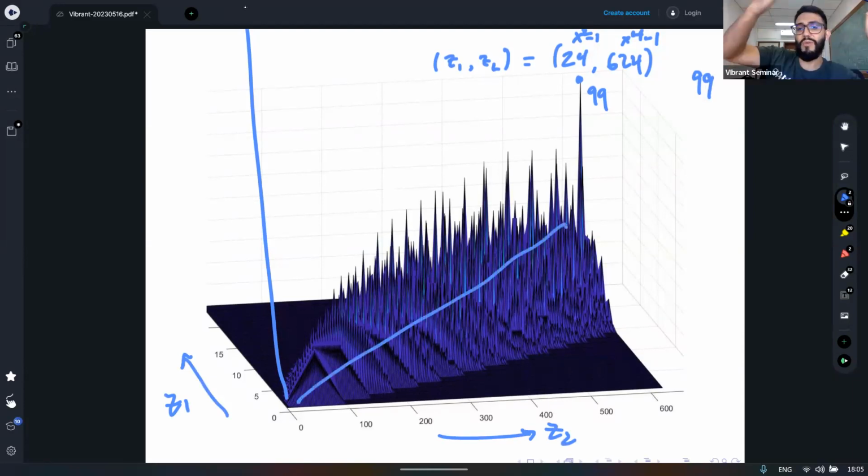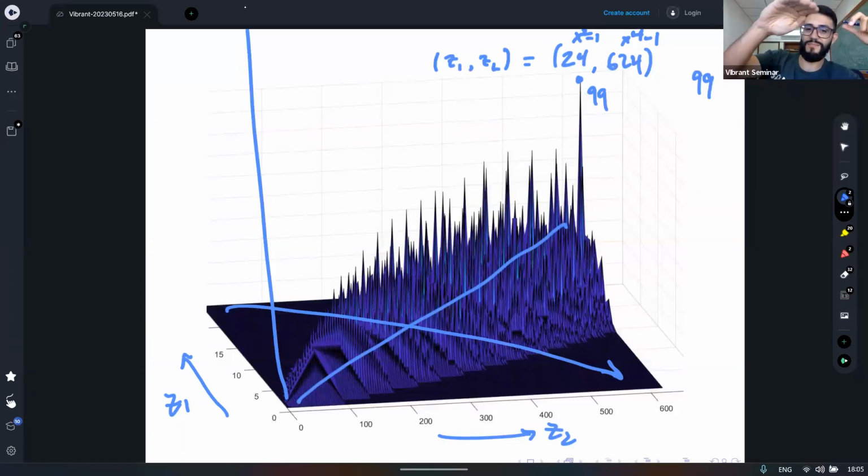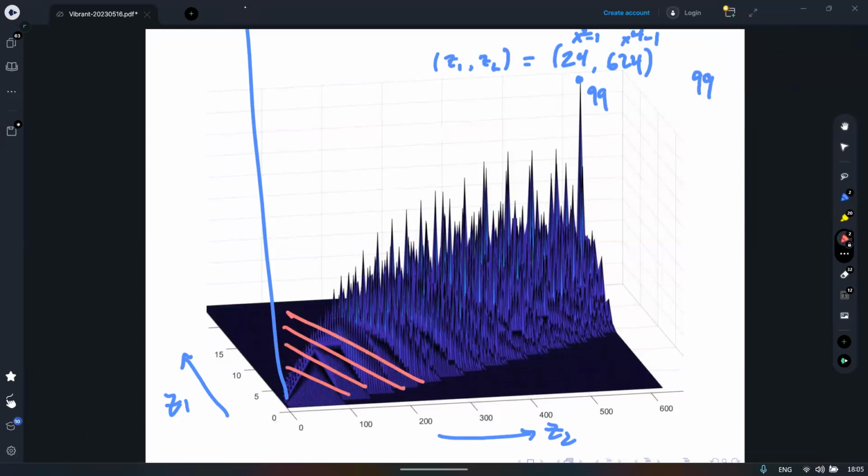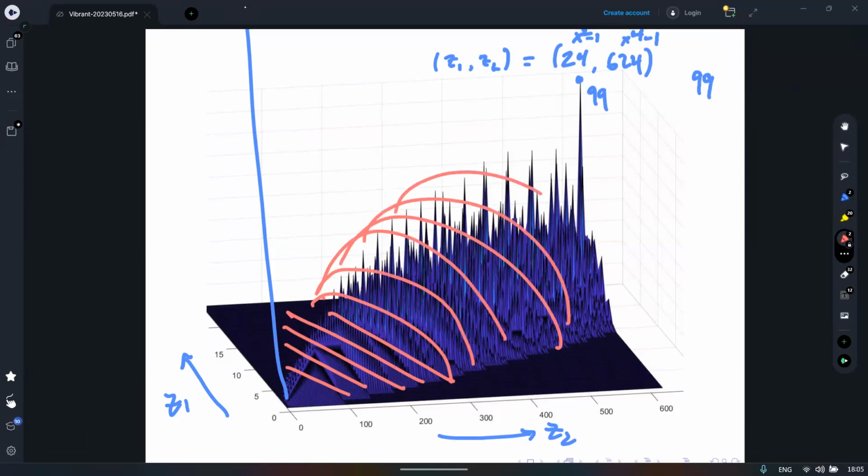No, I'm looking at the orthogonal direction. If you look in the orthogonal direction, yes, it looks like it's made of several functions going this way as well. There's like curves like this, right? I absolutely agree.